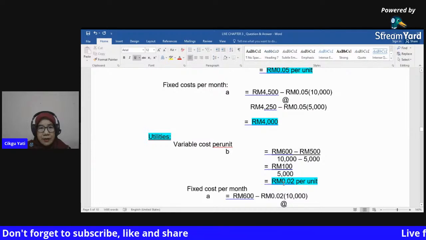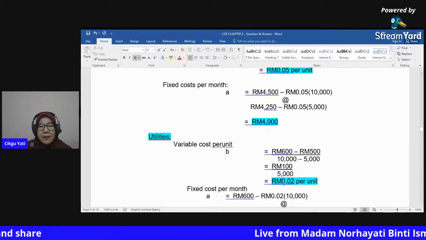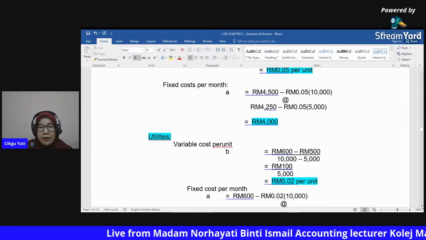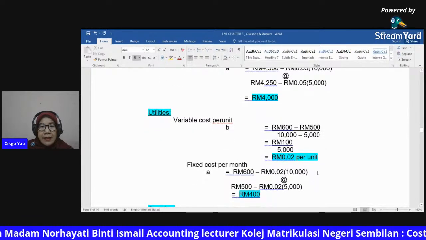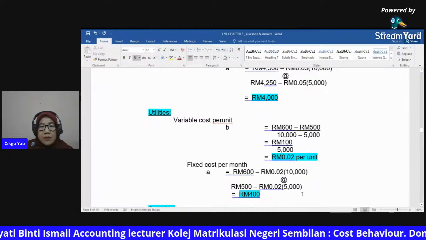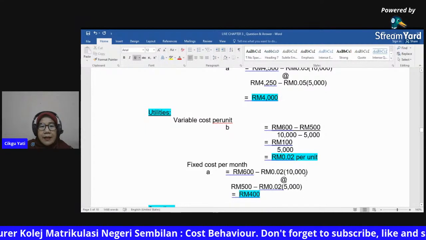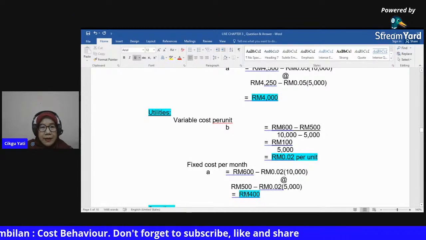You just substitute in the formula and then you will get variable cost per unit for utilities is RM 0.02 per unit. And then the second step, you have to substitute variable cost per unit in order to calculate fixed cost. So you can take either the lowest unit with the lowest cost or the highest unit with the highest cost. So you get 400 ringgit.